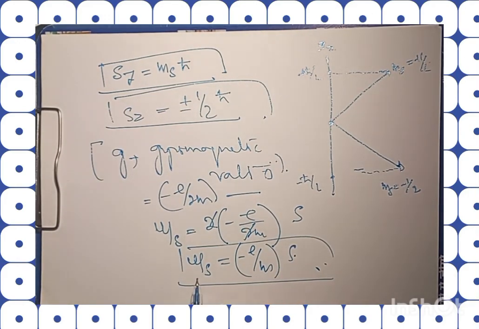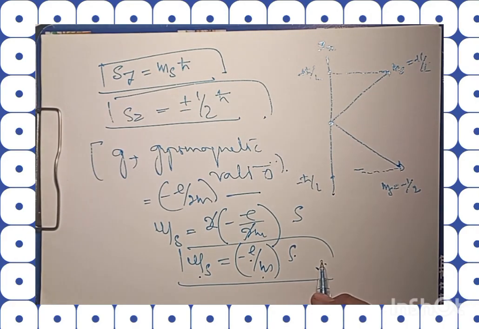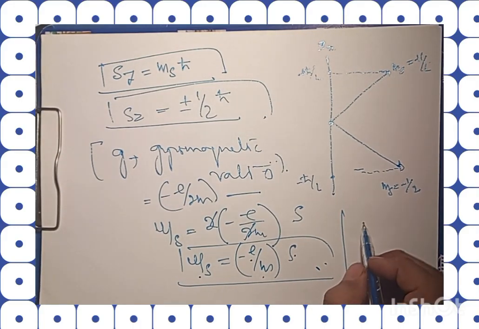We should understand that mu s is the spin magnetic moment of the electron, e is the charge of the electron, m is the mass of the electron, and S is the spin angular momentum of the electron. Now, the possible component of this mu s along any axis, say for the sake of argument the z axis, is limited.